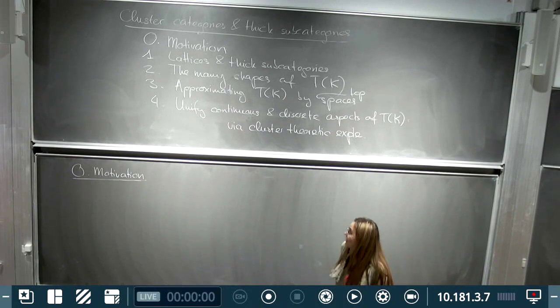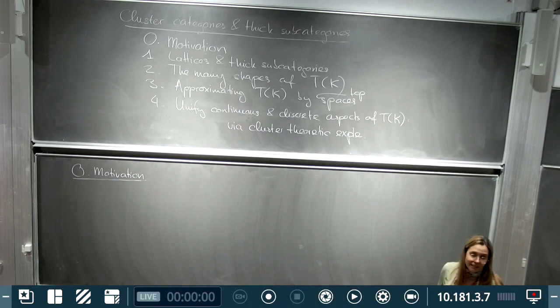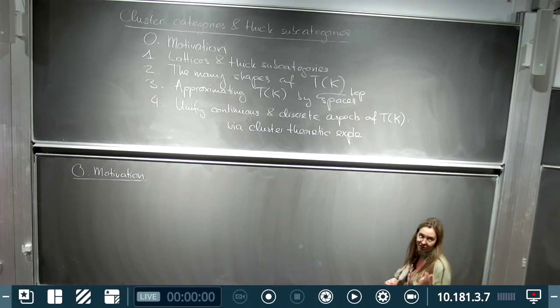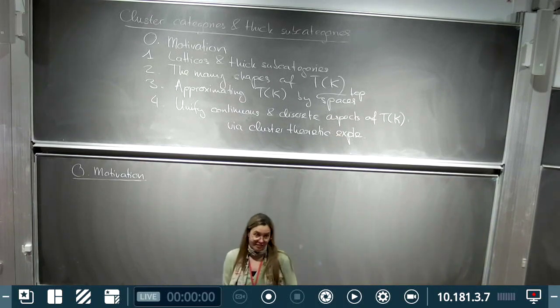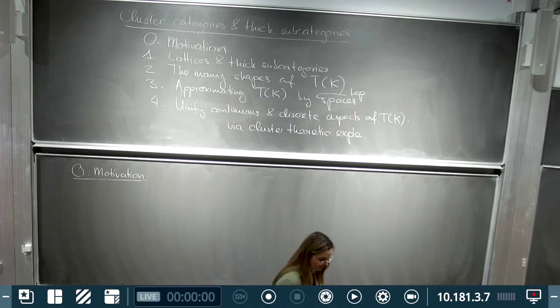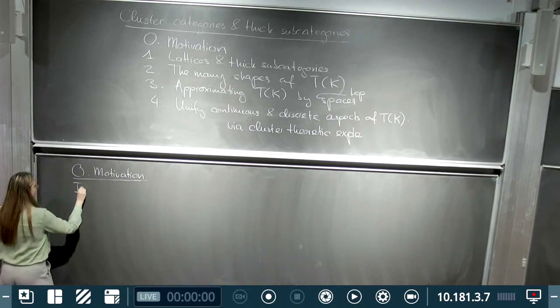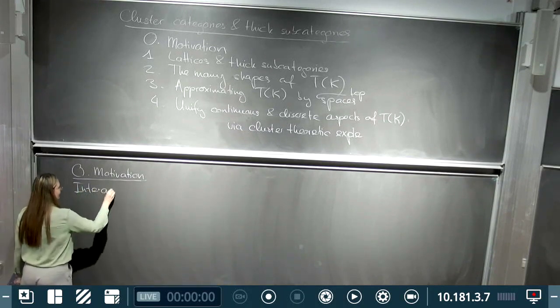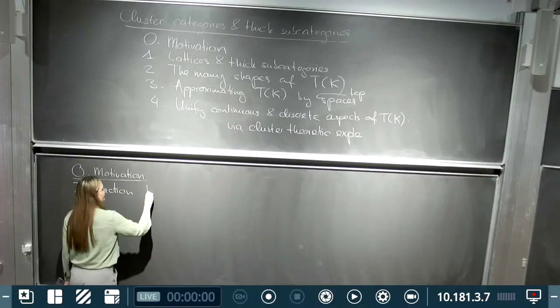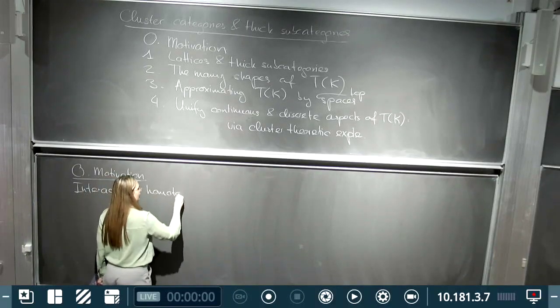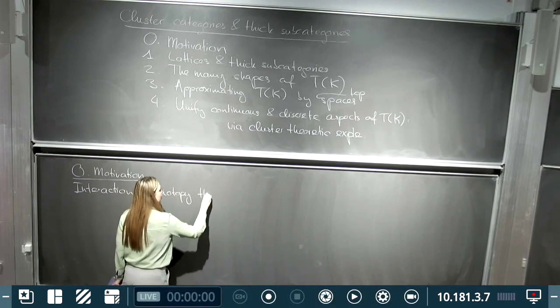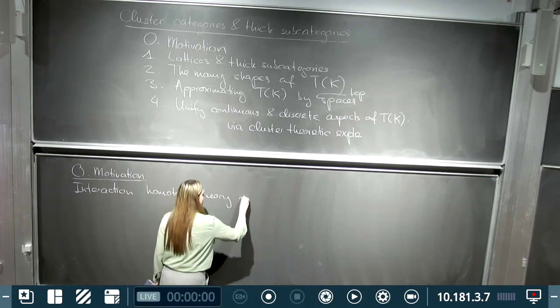And so I'll tell you why you should care about 6 subcategories, specifically if you're interested in interactions between homotopy theory and representation theory, right? That's what we want. We want some interaction, just to remind everyone why we're here, between homotopy theory and representation theory.